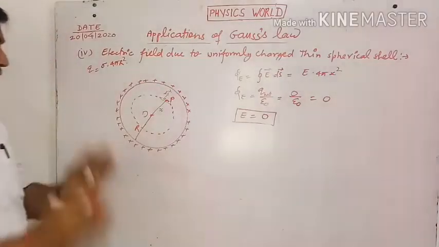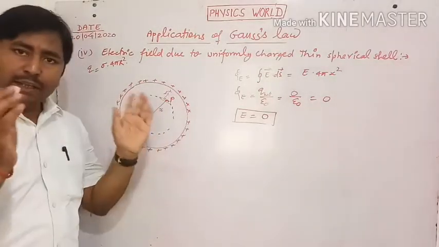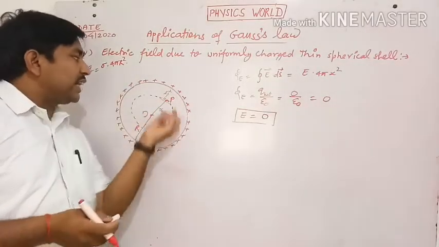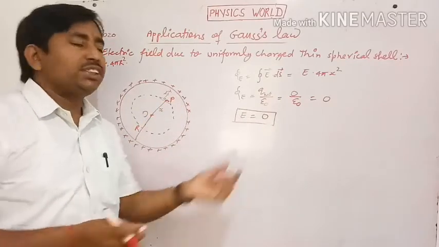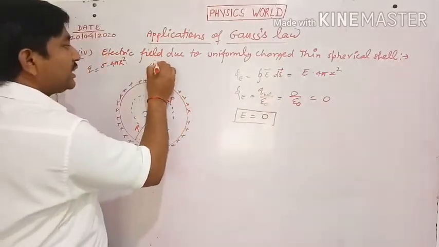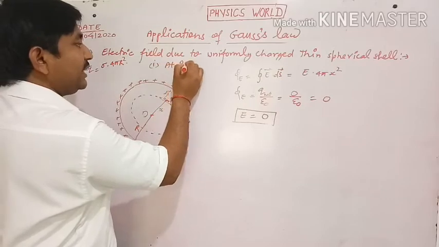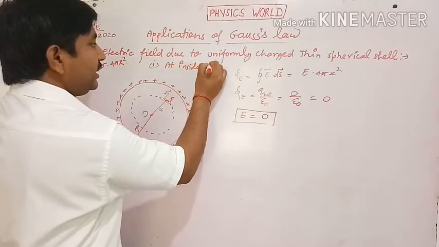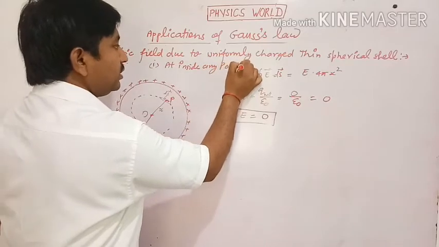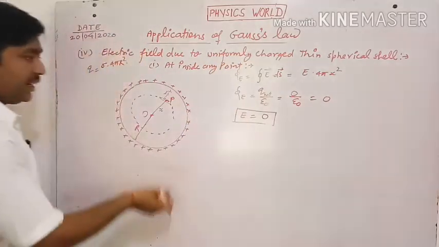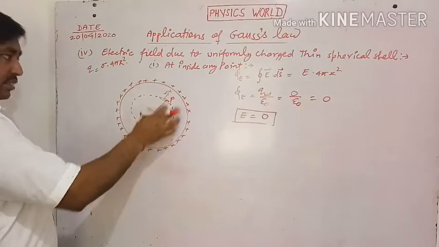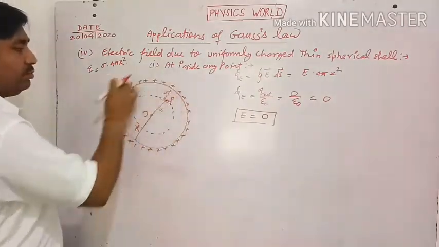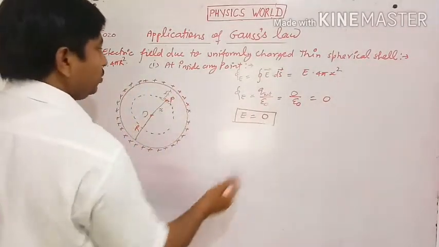So in the first case, for any point present inside the spherical shell, the net electric field is 0. It means that at any point inside, you will obtain that the net electric field inside the thin spherical uniformly charged shell is always 0.